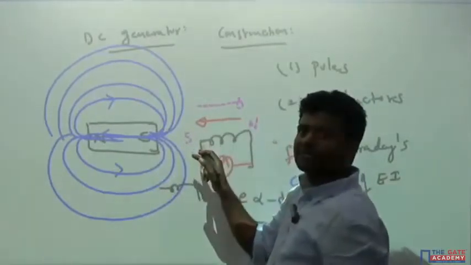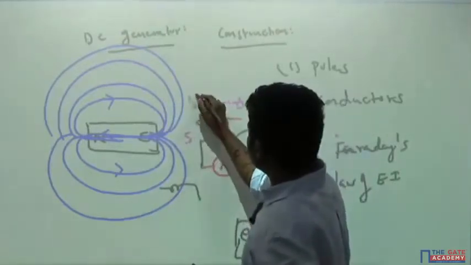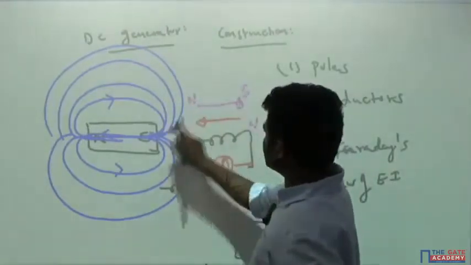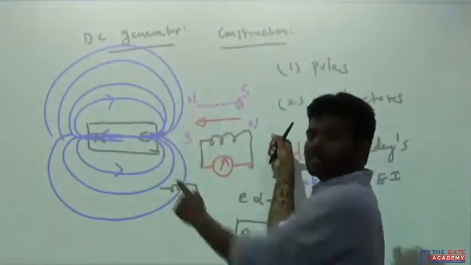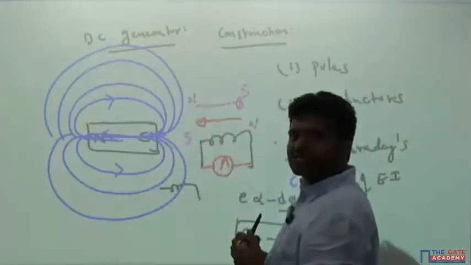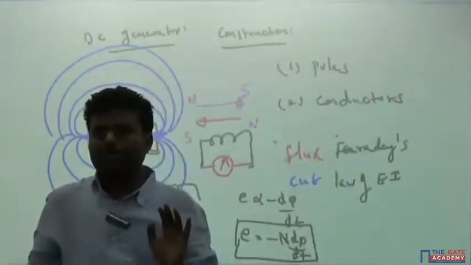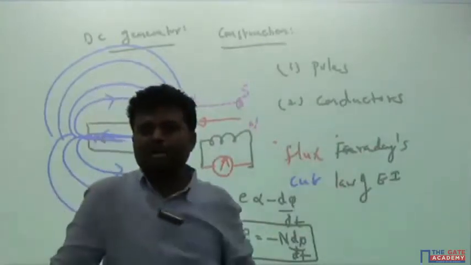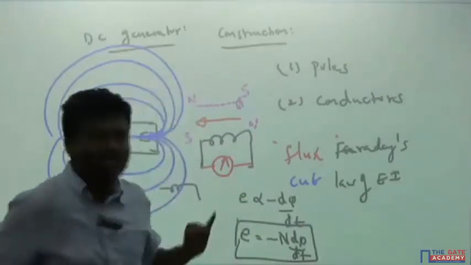So again there is opposition, the polarity formed here is north and south. You are trying to go away from the magnet, but the magnet is trying to pull you inside. Ultimately, whatever action you do, the opposing action will come from the magnet, and because of that the minus sign will be there.